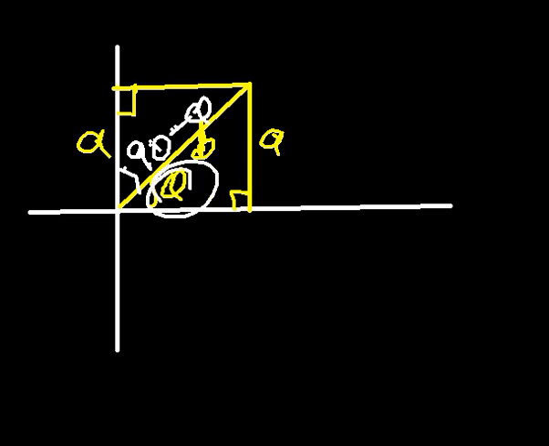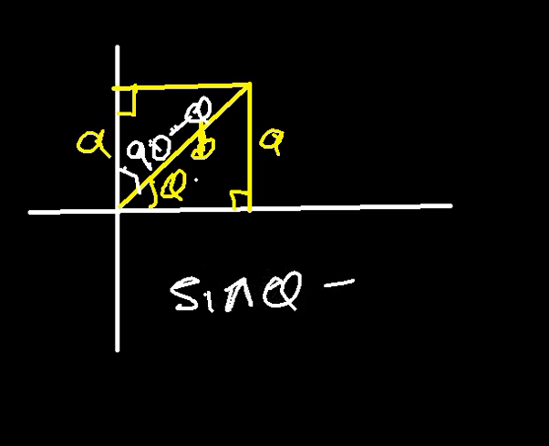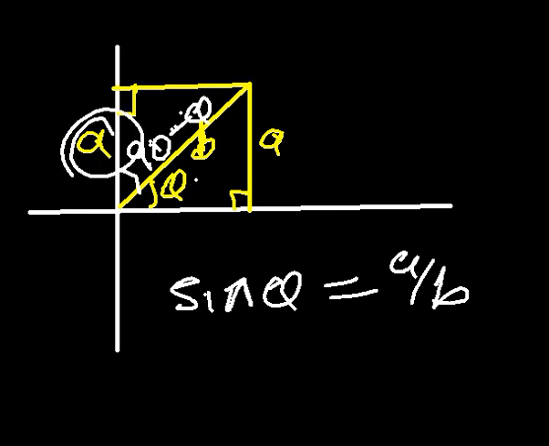So now, using this angle theta with respect to this side and the hypotenuse, what do I have? You can see that we have opposite and hypotenuse. That is sine of angle theta, which is equal to A over B. And also let's take this 90 degrees minus theta with respect to the adjacent and the hypotenuse.